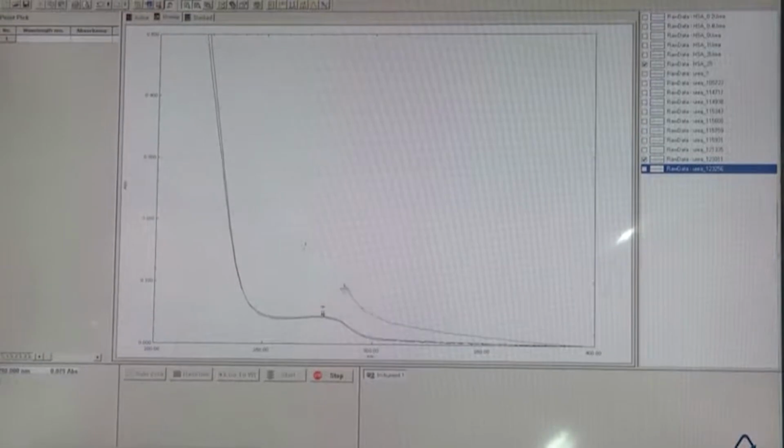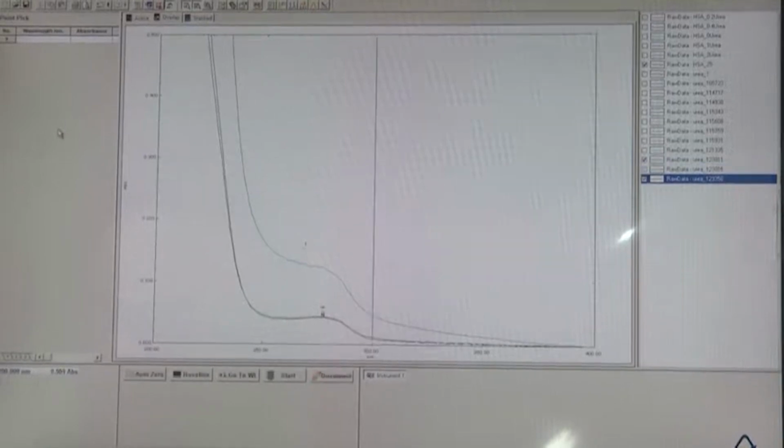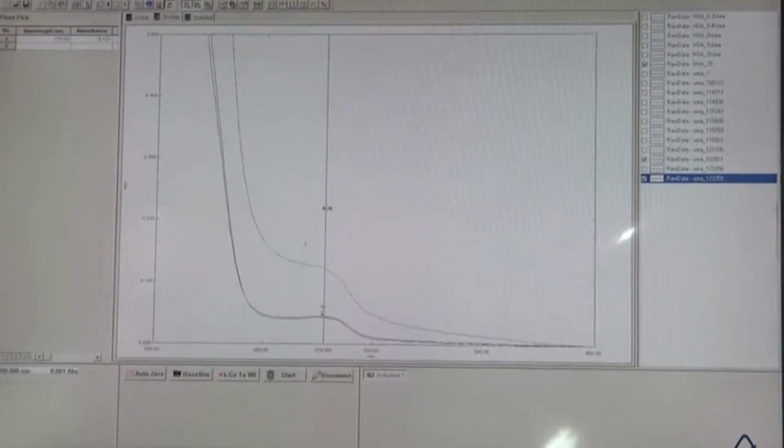We can see the absorbance increases, that is, denaturation has started occurring. Again, we can see its peak around 278.